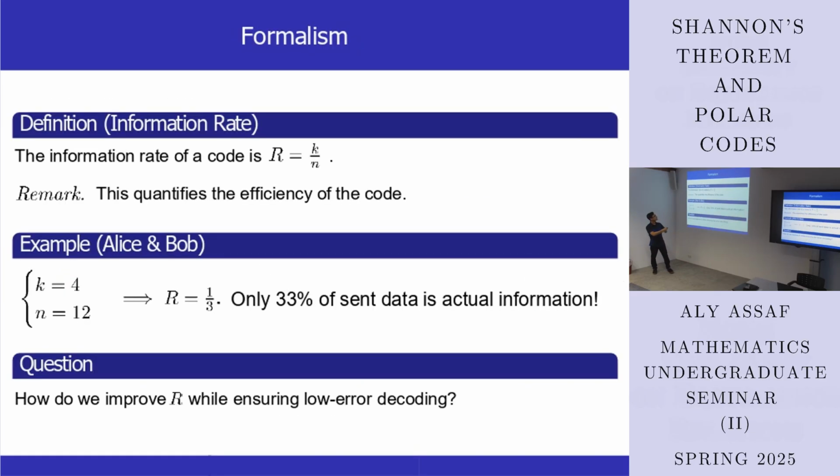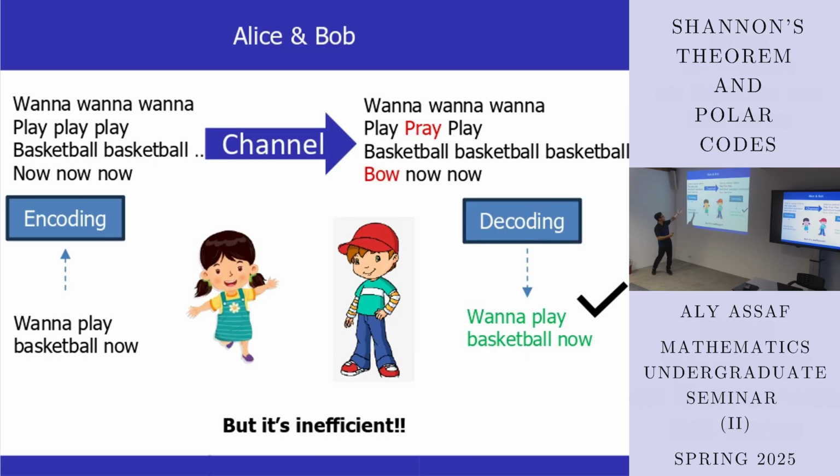Next, we've got to introduce this notion of the information rate. As we've seen from this example, we unfortunately had to multiply the size of the message that we're sending by 3 times, which is very, very inefficient.